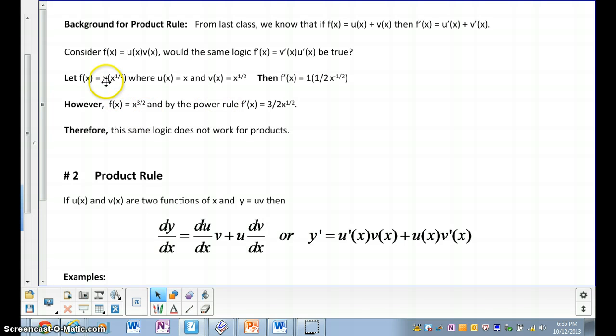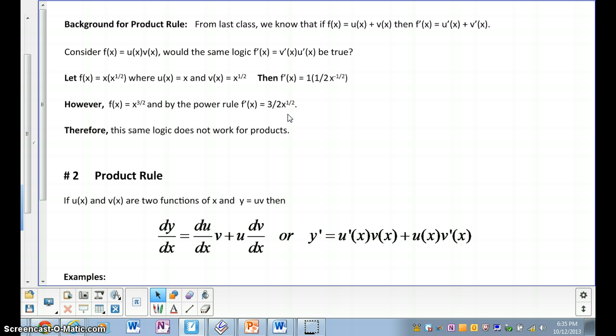However, we know we could add our exponents here since they have the same base, and this function would be equal to x to the 3/2. And we know from the power rule that really the derivative is 3/2 times x to the 1/2.